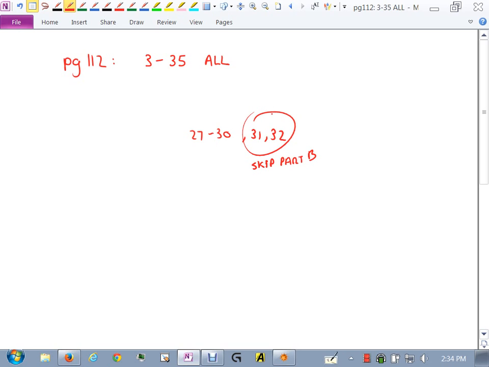And then on 33, 34, and 35, you have to find second derivatives. So you have to take the derivative using either product or quotient rule. Then after that, do your derivative again. 3 through 35.